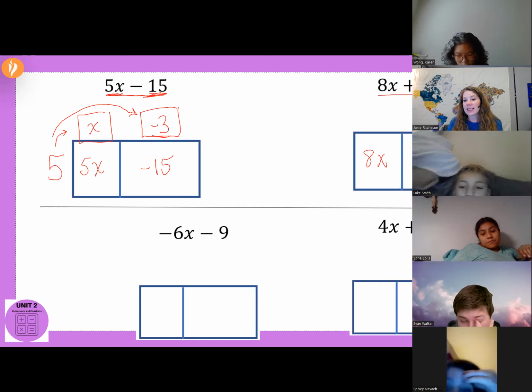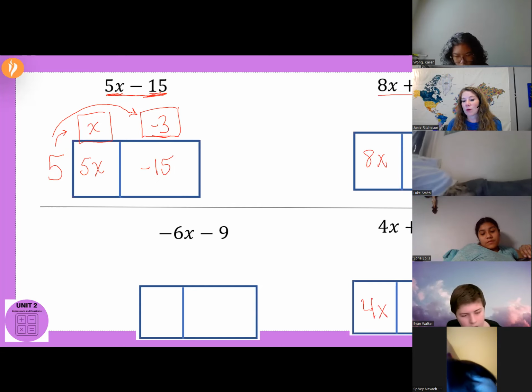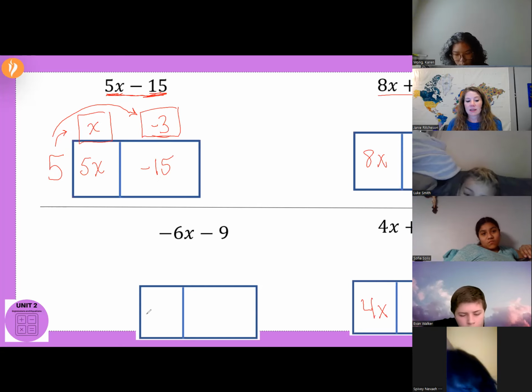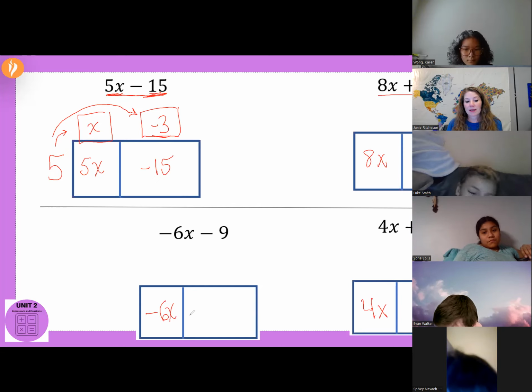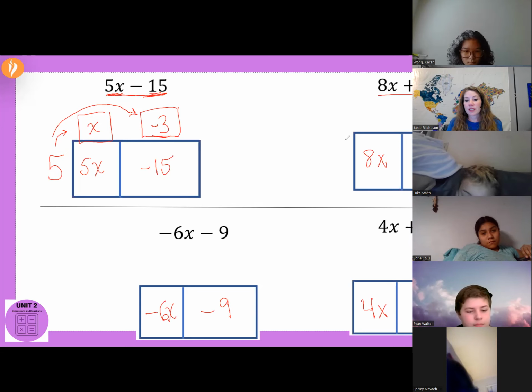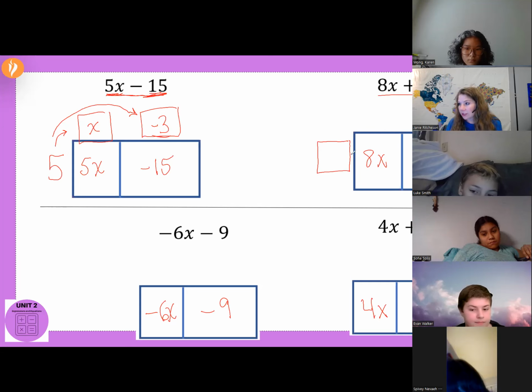On all 4 of these problems, the first thing you can do is go ahead and put what you see in the box, okay? And then your job is to figure out what goes outside the boxes. What's going to go on the outside of this box? What's the greatest common factor? 8. 12 can't be divided by 8. Wait, hold on, I got it backwards.